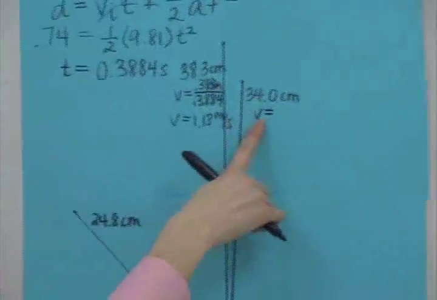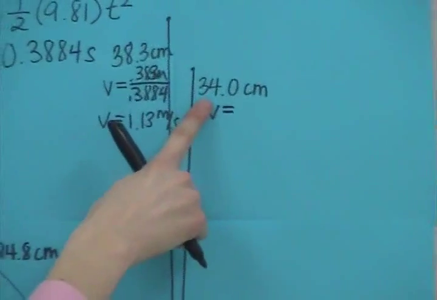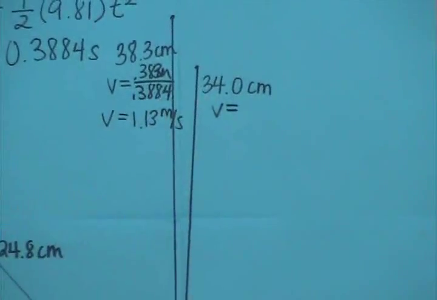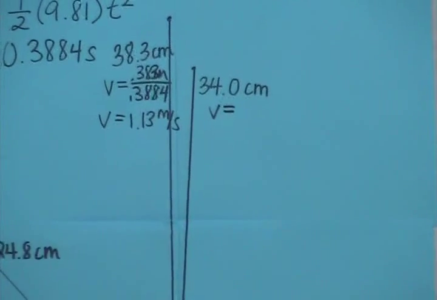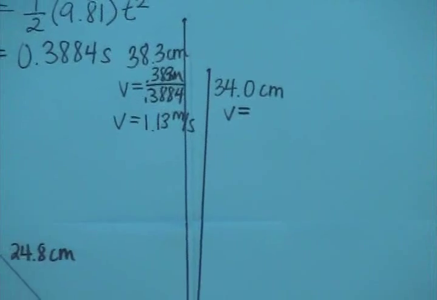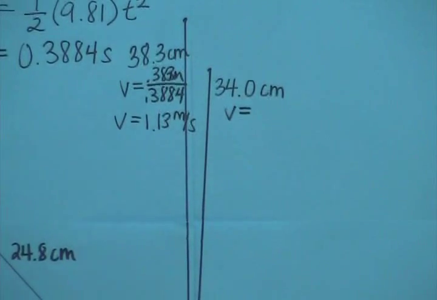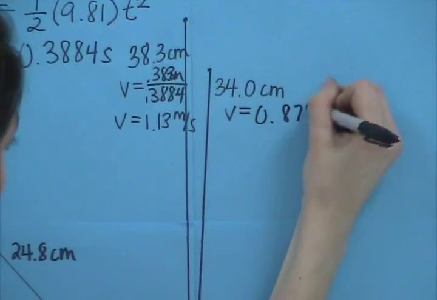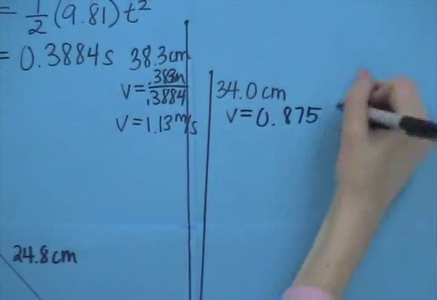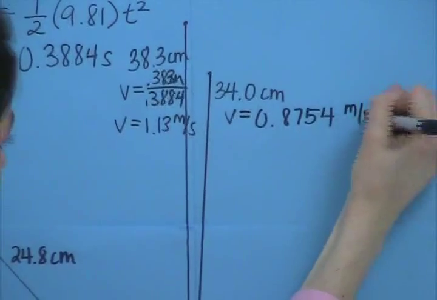So the velocity here, or the speed, will be the distance. We'll have to change it to meters, so 0.34 meters divided by our time of 0.3884 seconds gives us a speed of 0.8754 meters per second.